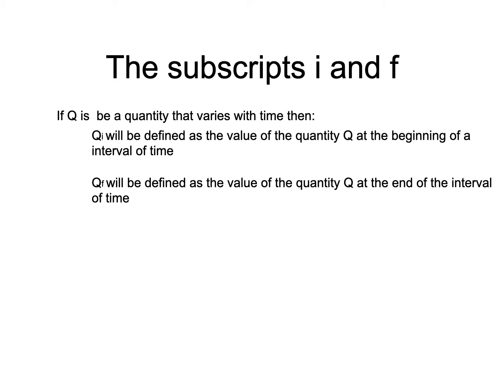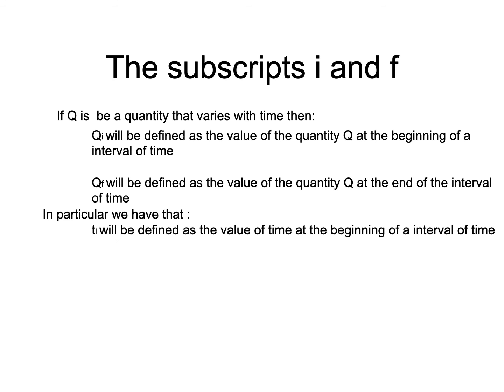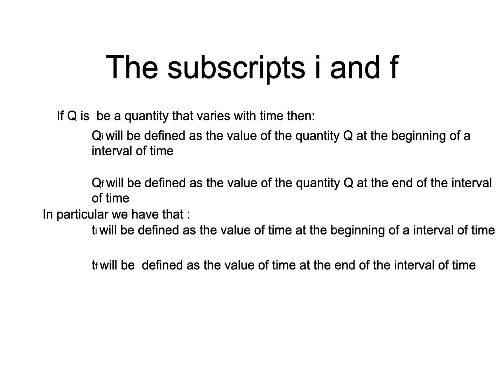Since time is a quantity that varies with time, the notation can be used to create a variable named ti for the time at the beginning of the time interval and tf for the variable name for the time at the end of the time interval.